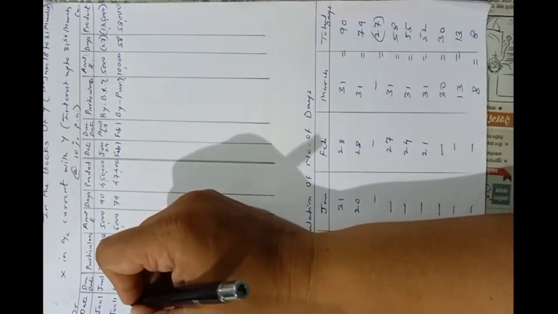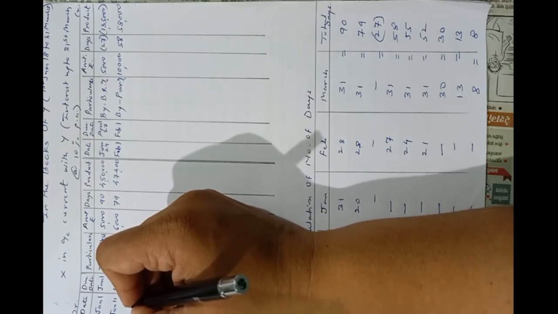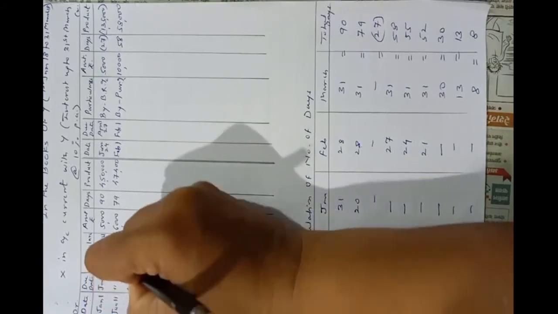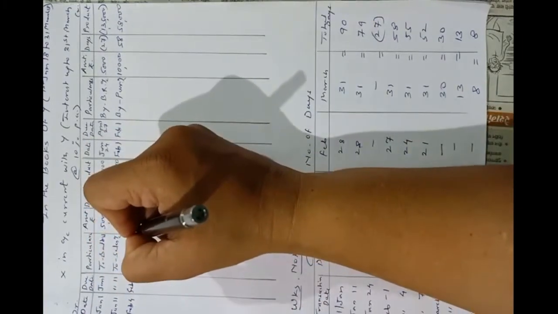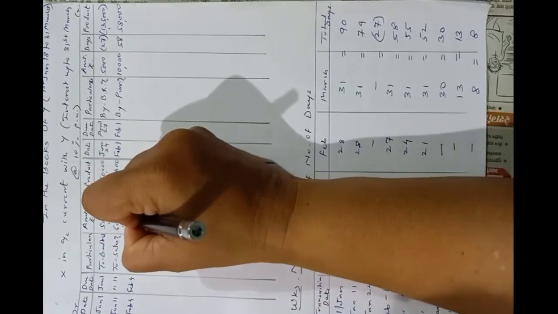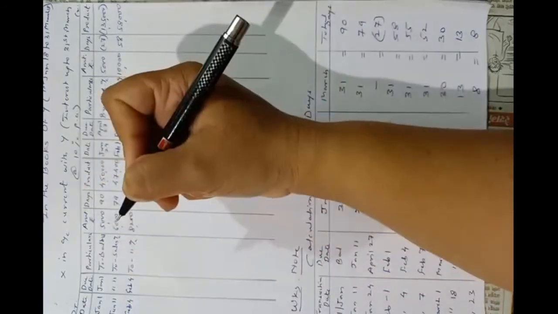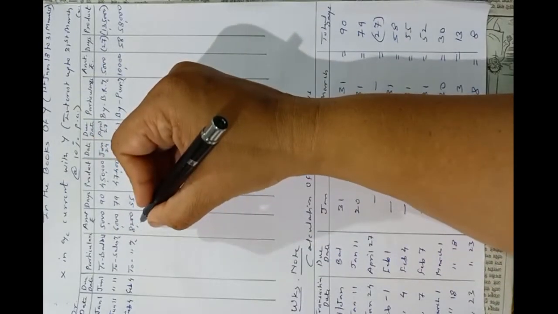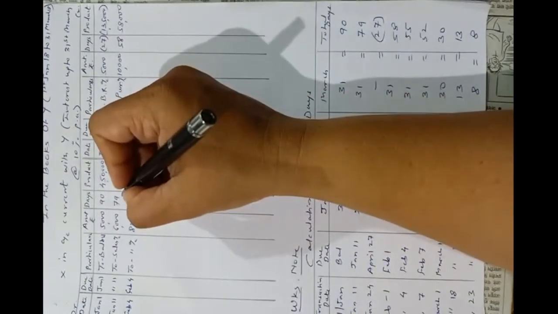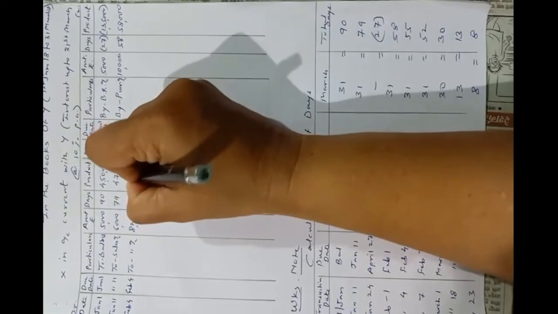Now next entry, February 4, Y sold goods to X. So 4th February, to sales account. Amount is 8,200. Days 55. 8,200 into 55, it is 4,51,000.